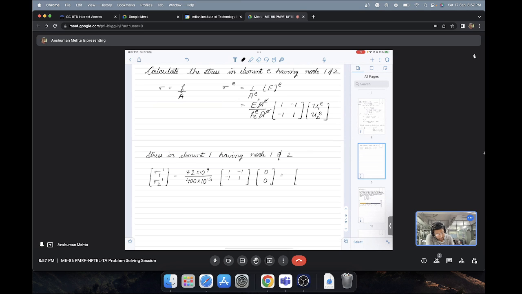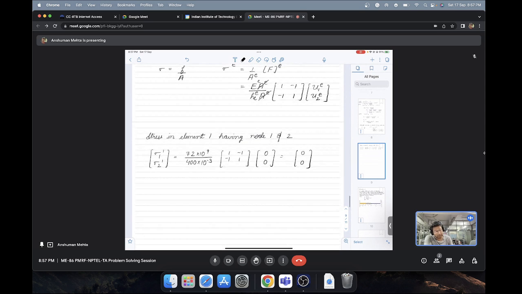So stress in element 1 is 0. Stress in element 2 having node 2 and 3.